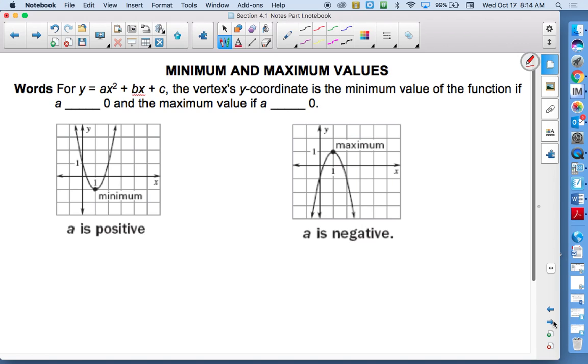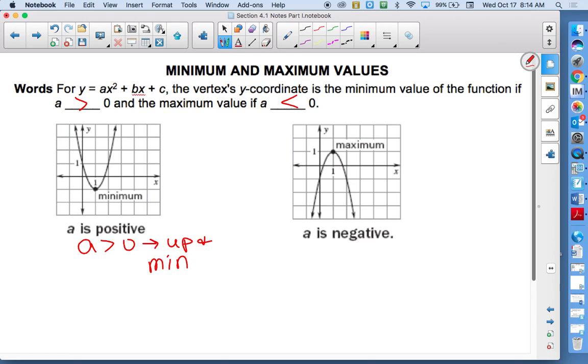It says the vertex y coordinate is a minimum value of the graph when a is greater than 0. So the a value, if it's positive, tells you that the graph opens up and it creates a minimum vertex. So a positive a, the graph should go up, making a minimum vertex.